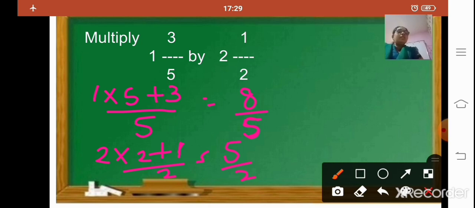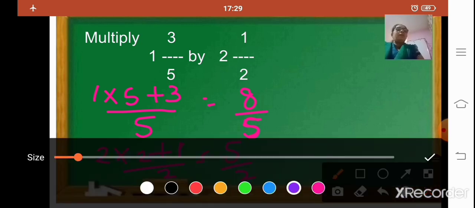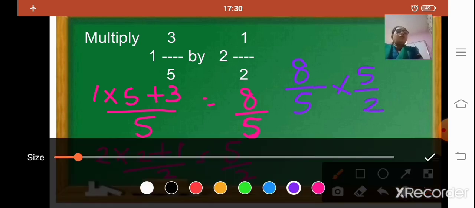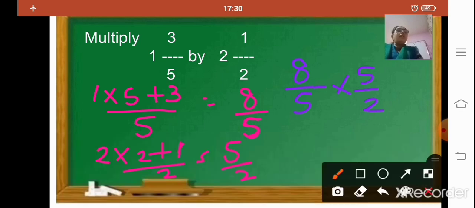Now what we will do is, we will multiply 8 upon 5 multiplied by 5 upon 2. Yes, now what we will do is, we will see whether the numbers are divisible. Now this 5 and this 5 you can cancel, the common factor.